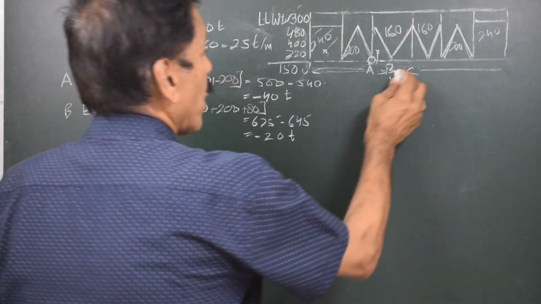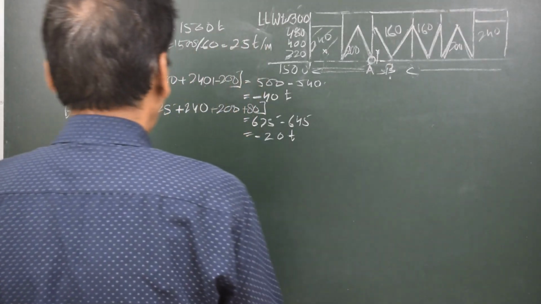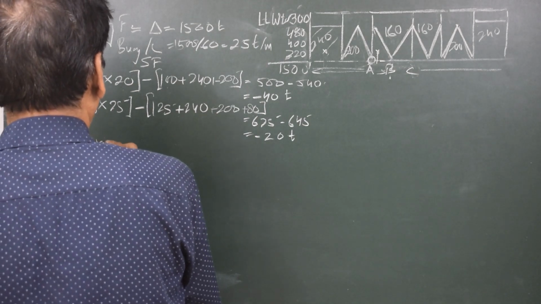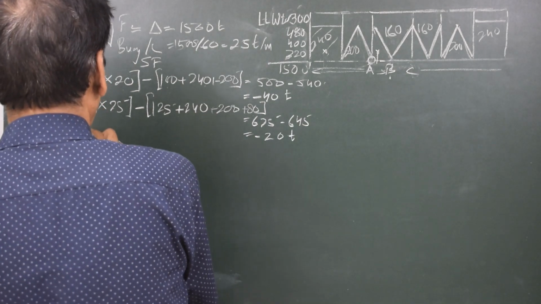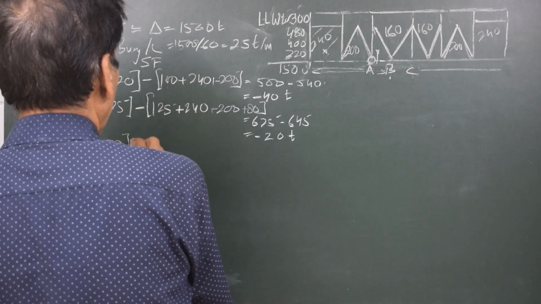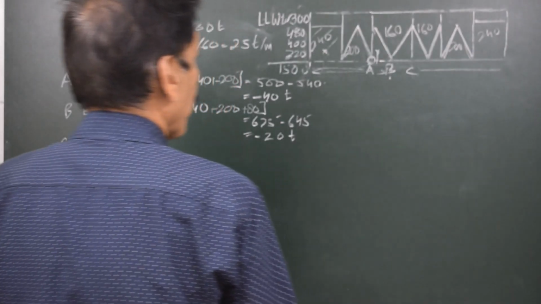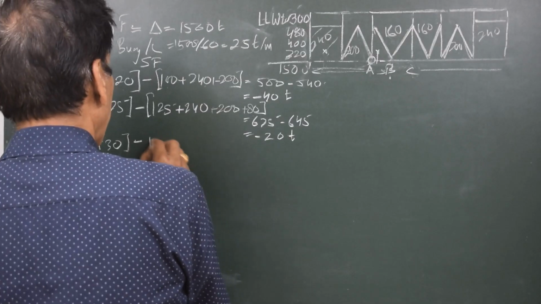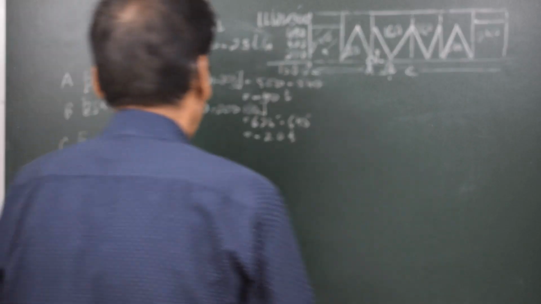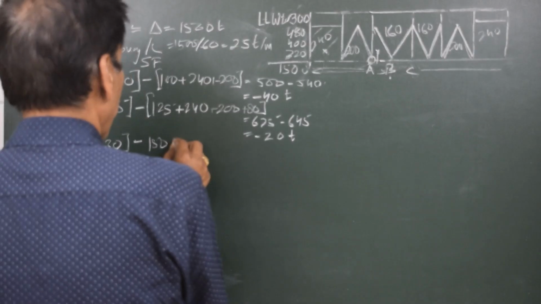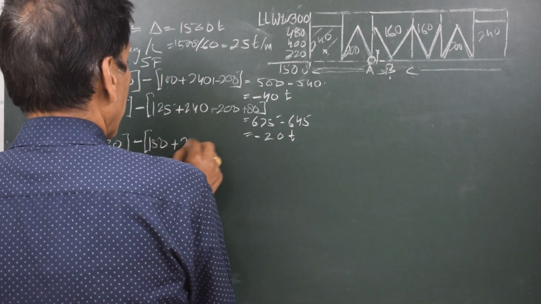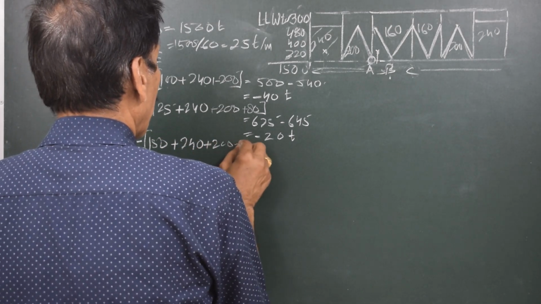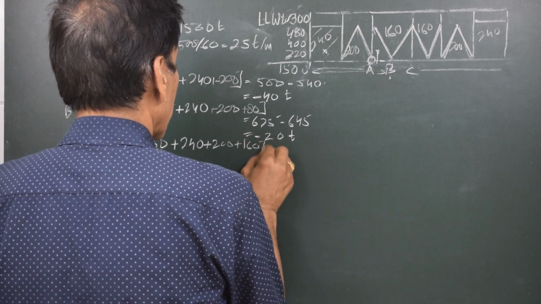And let us find out now what is the shear force at C. So we are talking about 25 multiplied by 30, because the ship's length is 30 till there, and the negative forces are the 30 meters of ship's length, making it 150, because 30 into 5 is 150, and the cargo of 240 tons plus 200 tons plus 160 tons.